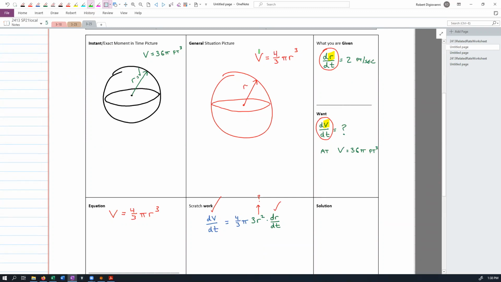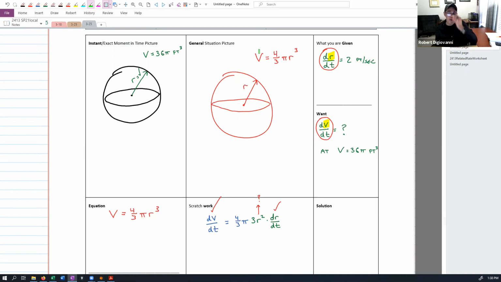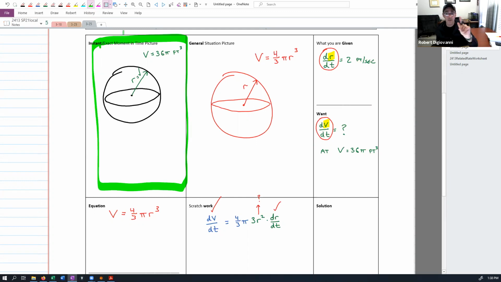And let's see, I think we could plug 36 pi into that. That's right. For V, look, at this point in time, everyone, now you can be looking at the instant in time. We know that the volume is 36 pi. And so what we know is that 36 pi must be equal to the volume of a sphere, which is 4/3 pi r cubed. And now I can just go solve this for r.